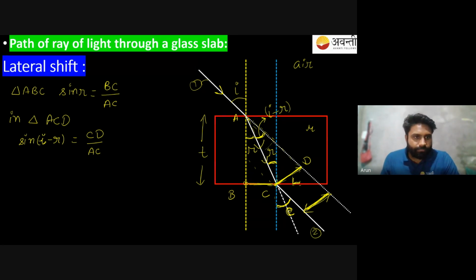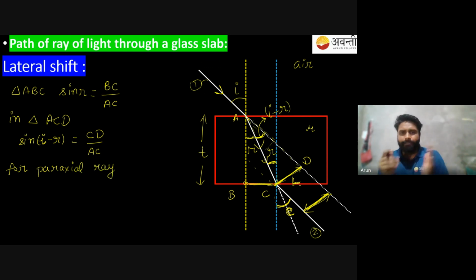Now, for paraxial rays, paraxial rays means rays which are parallel to the axis, ठीक है. So for paraxial rays, these angles I and R will be very small, very less.